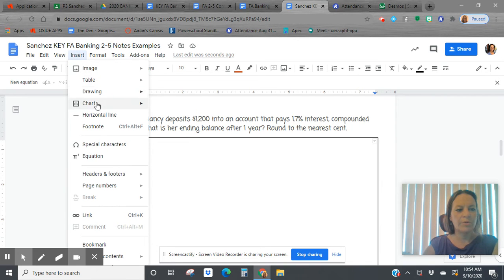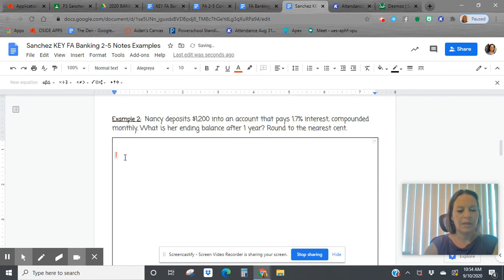So I go to insert equation, and I'm going to do the balance equals 1200 times 1 plus 0.017, and this is compounded monthly, so divided by 12 to the power of 12 times 1 year. This is my insert equation work.